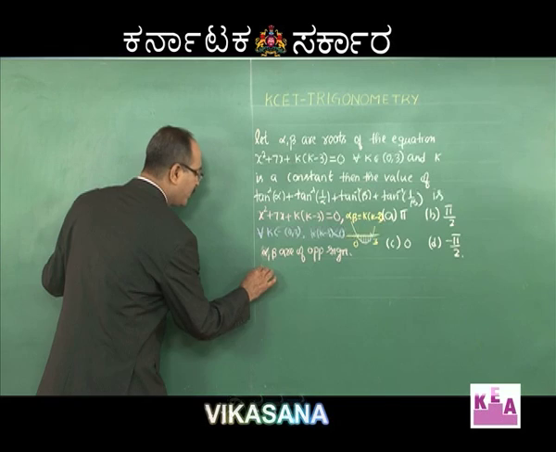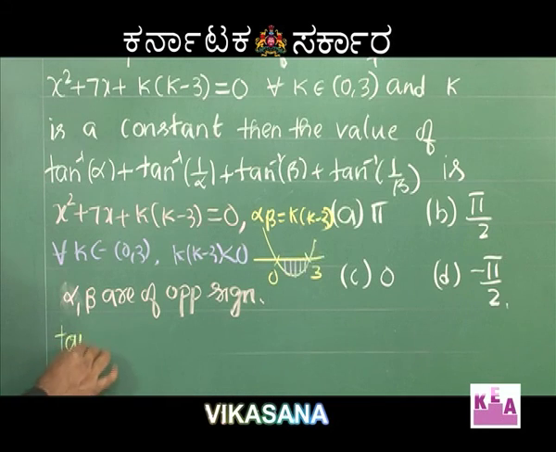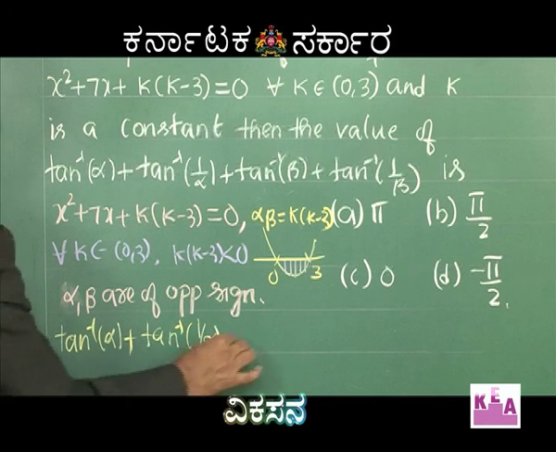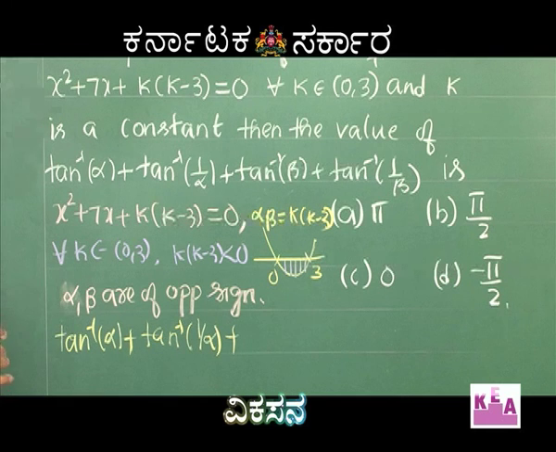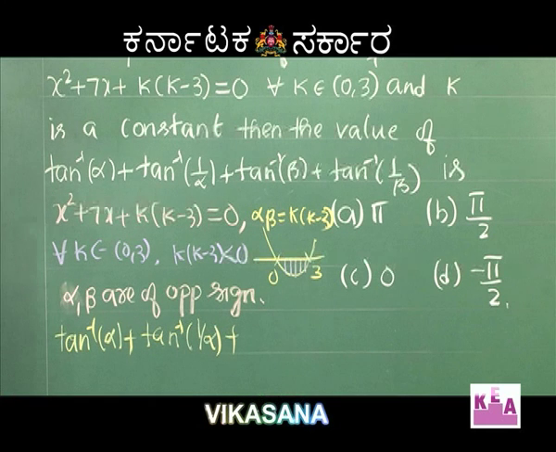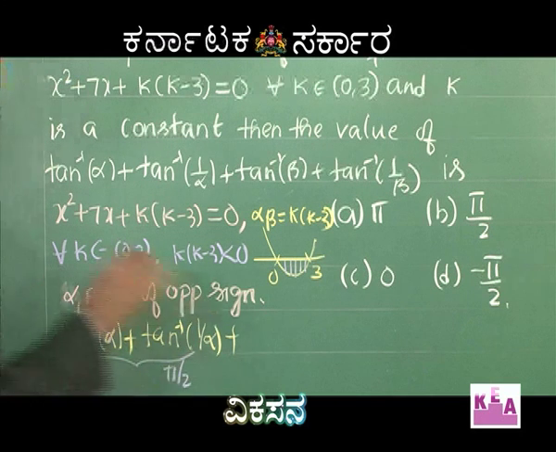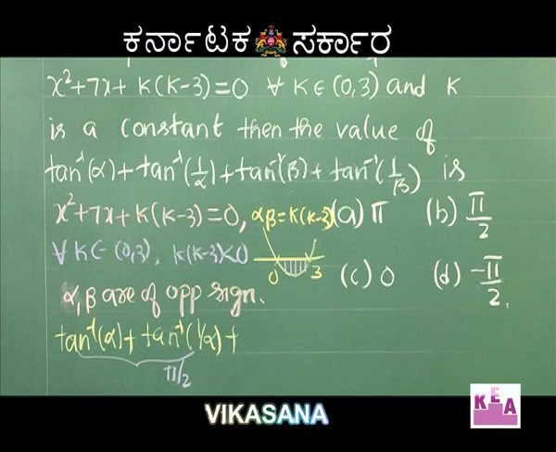We have tan inverse alpha plus tan inverse 1 by alpha. Do you agree with me? Tan inverse of alpha plus tan inverse of 1 by alpha is pi by 2, considering alpha as a positive quantity. Assuming alpha is positive, I'll call this pi by 2. I hope, dear students, you are following this.